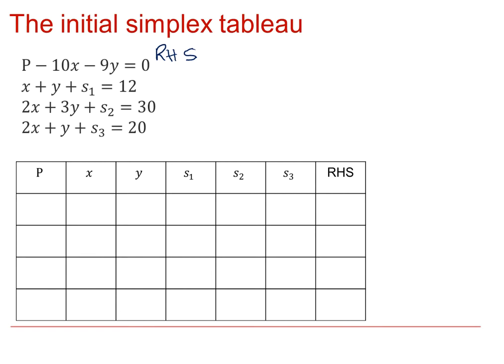Looking at that first equation, we have one lot of p, minus 10 of x, minus 9 of y, no s1, no s2, no s3, and a right hand side value of 0. So we've input this equation into the tableau. The top row is always the objective function.